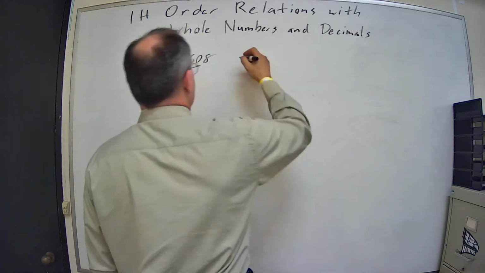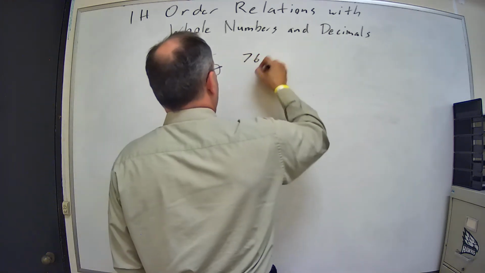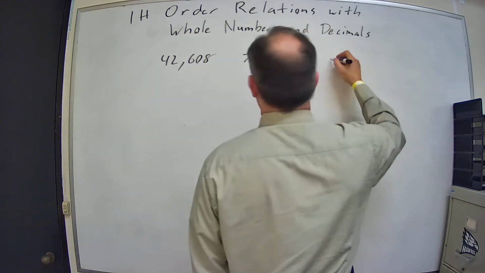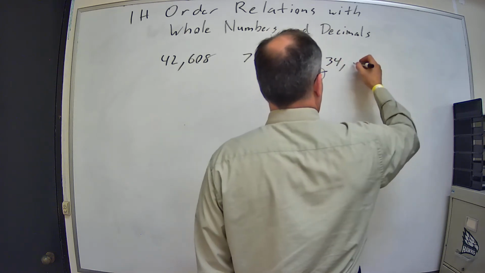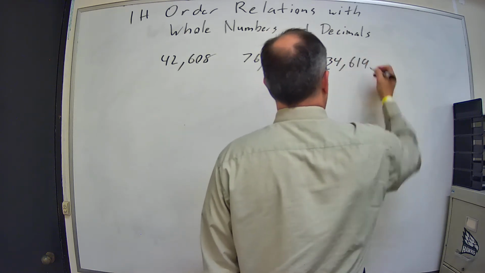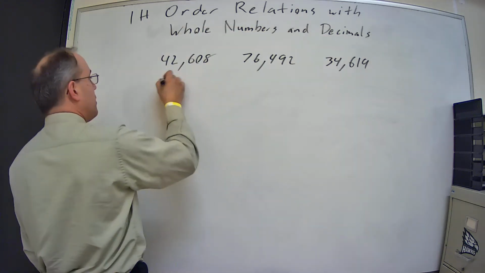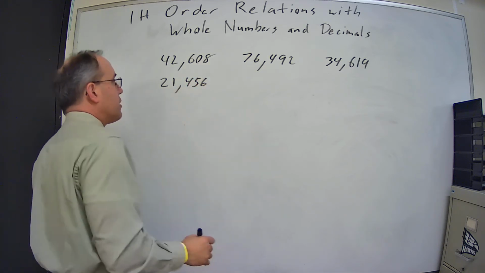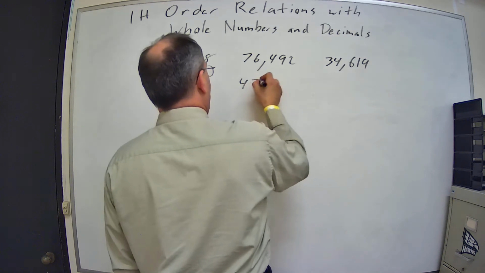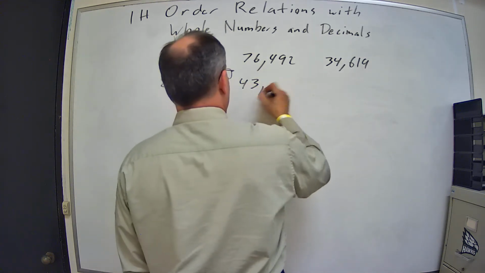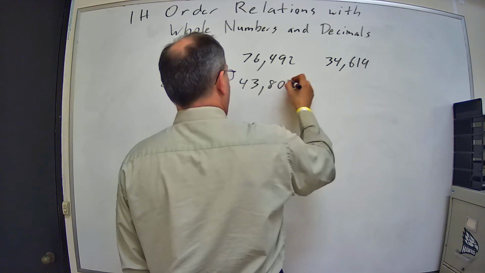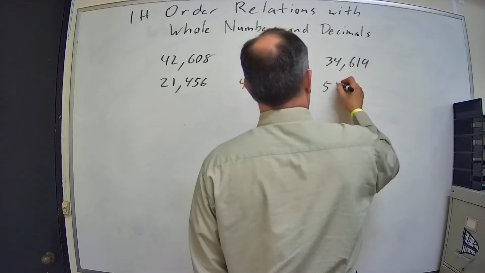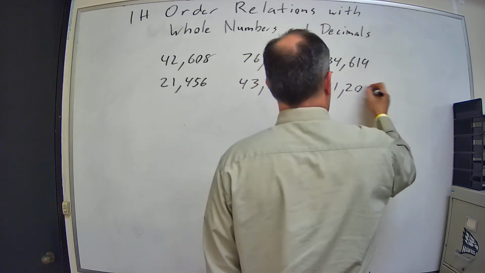42,608, 76,492, 34,619, 21,456, 43,805, 51,200.